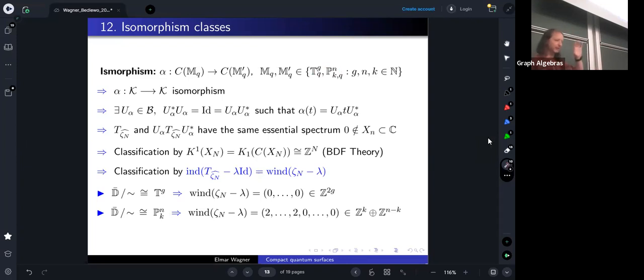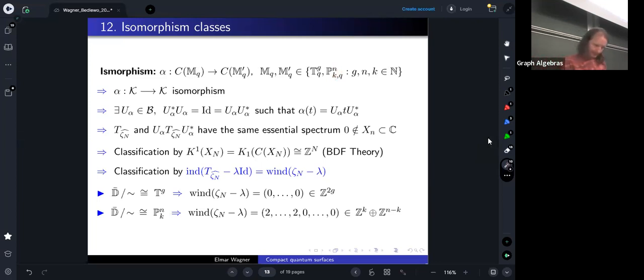So if you take the same object, like the same quantum surface, the same genus, we can have different arrangements. And the question is, if we have different arrangements, can we prove that they are isomorphic? That's what we expected. And we have to be careful because some arrangements in the projective spaces look quite different because of these direct sums.